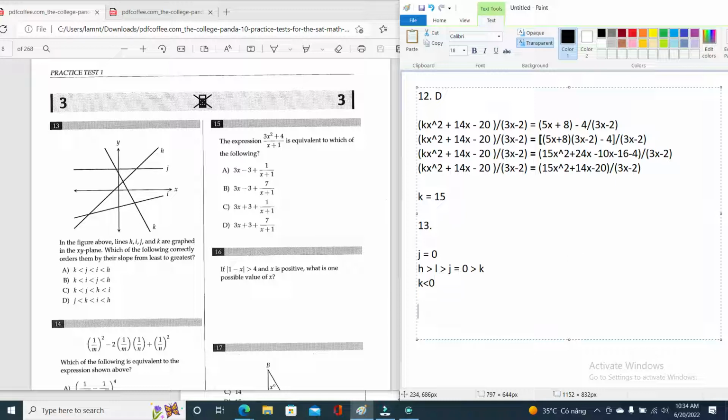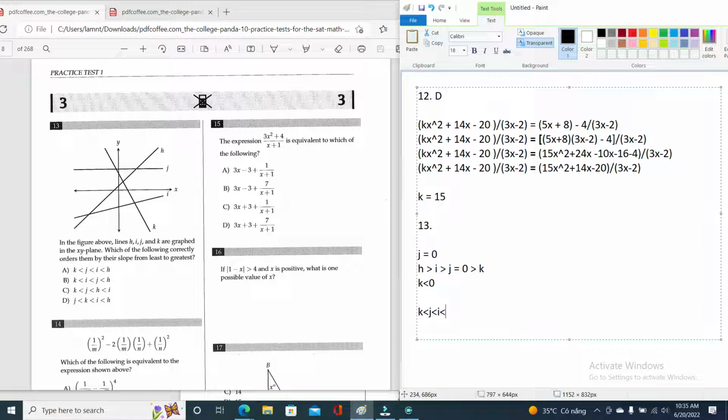So we have the form k smaller than j, smaller than l, and smaller than... that's i, right? i is bigger than j. Yeah, i is bigger than j, and then smaller than h, right?